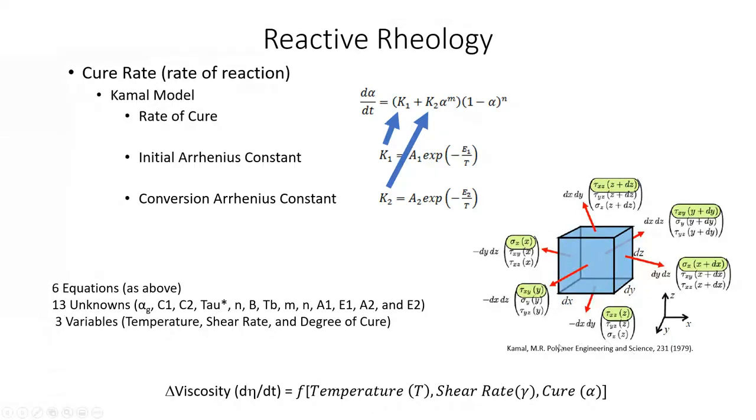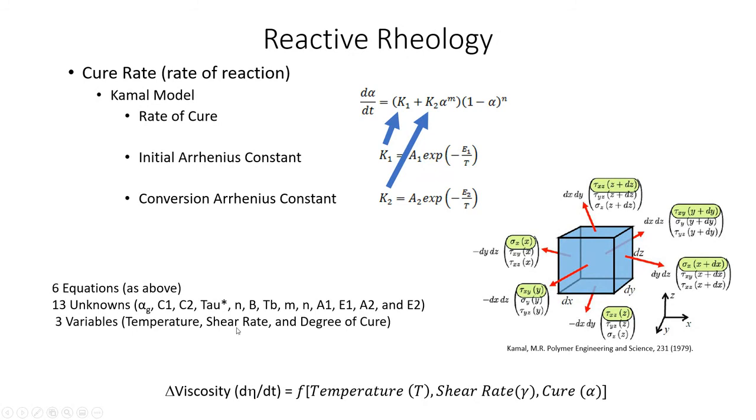And I have references for all this. But you can see for each side of each cube, for each finite analysis, we have to solve for each millisecond in time 6 equations, 13 unknowns with the input of 3 variables.